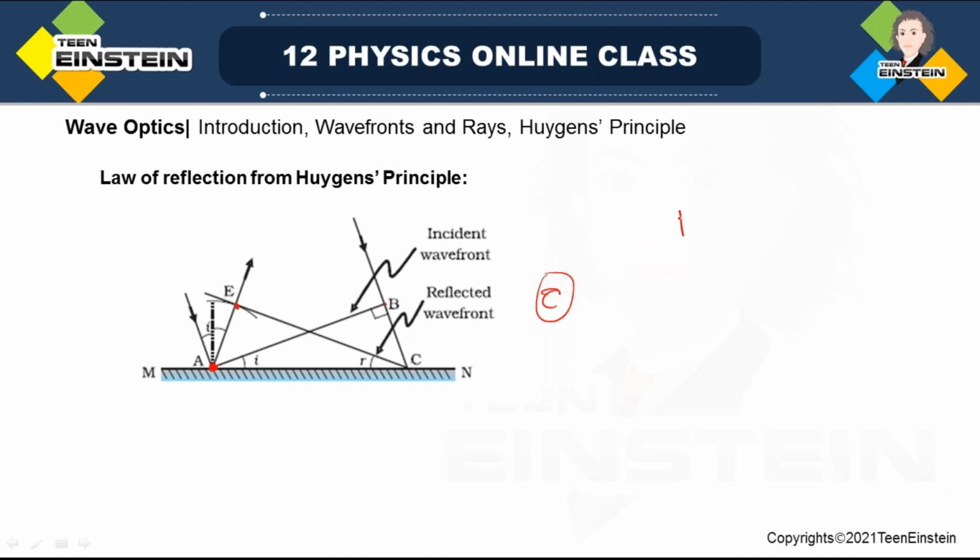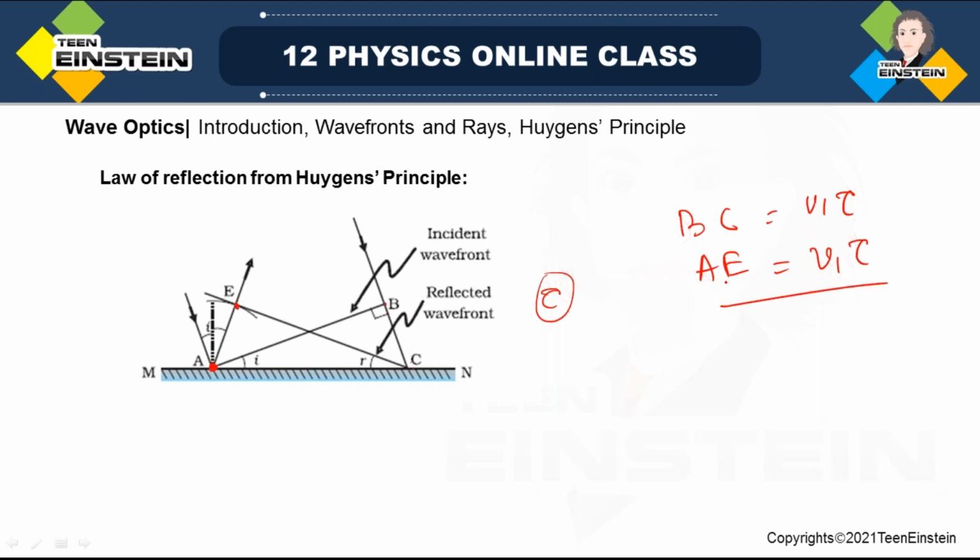So BC is V1 into tau, and AE also will be equal to V1 into tau. Because BC takes time tau to reach up to C, by that time the secondary wavefront produced by A will travel up to E.